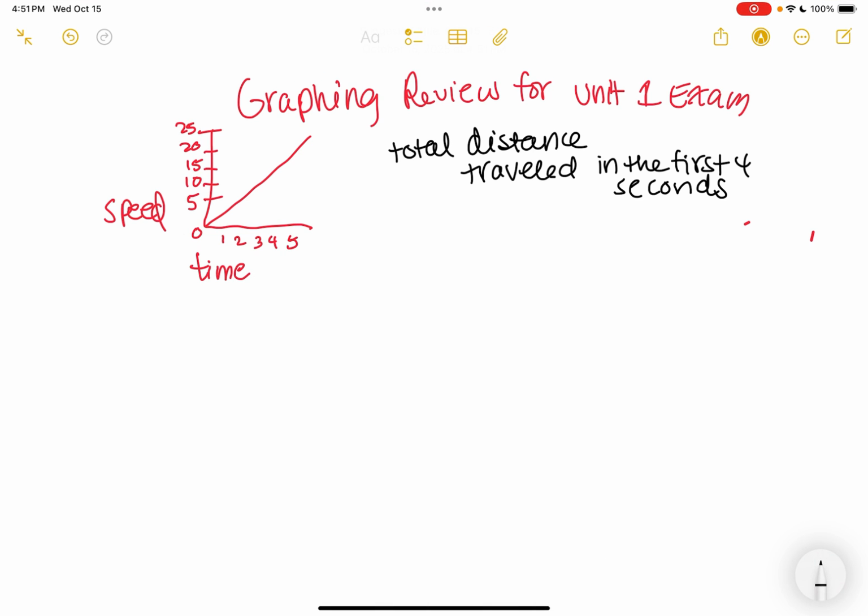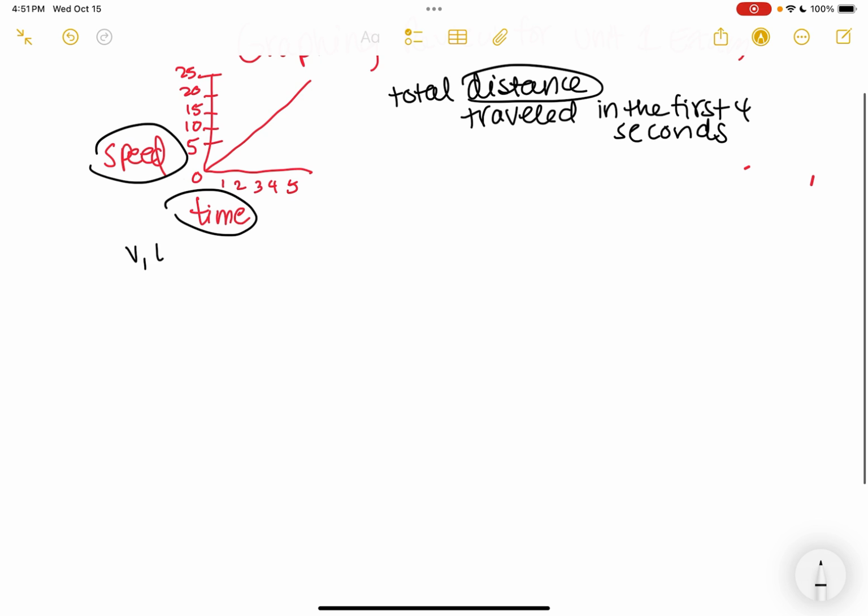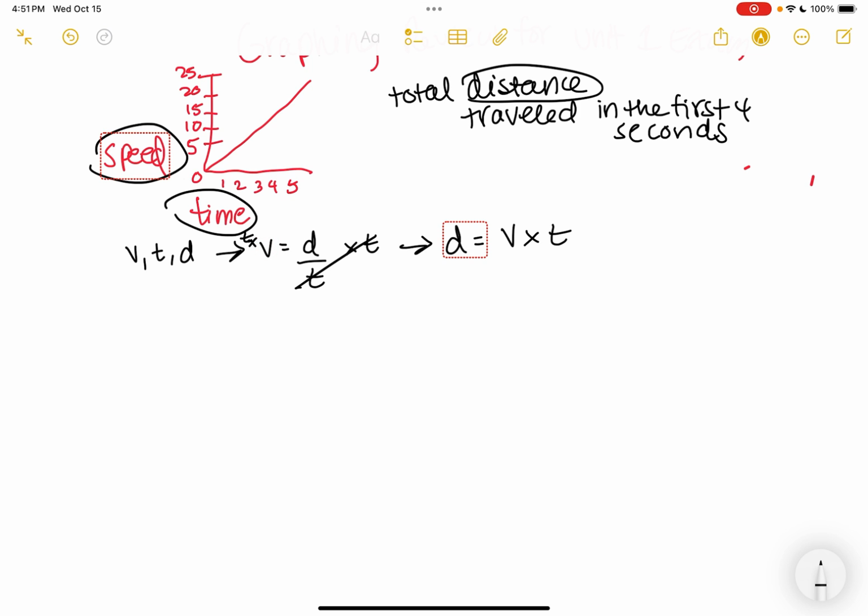Okay, so with this graph, when we're looking at a graph and asking what things do we need, we have to go to our reference table to find a formula that matches. I want something that has v, t, and d, which turns out to be the first equation, v equals d over t. If you multiply t on both sides, these will cancel out, and you're left with d equals v times t.